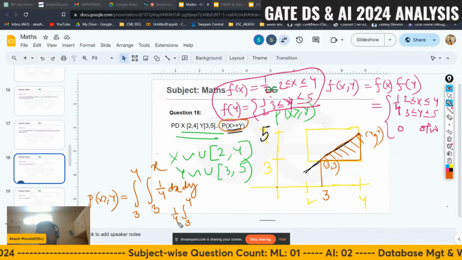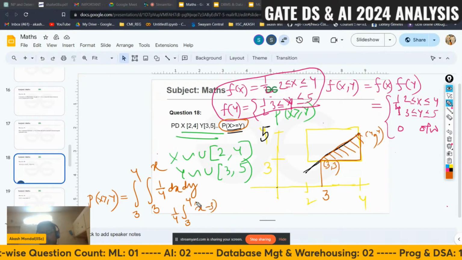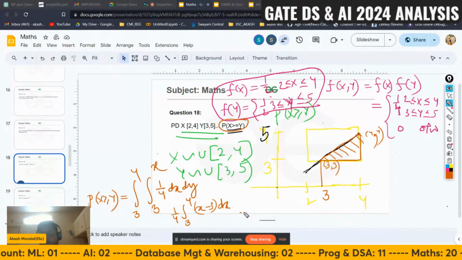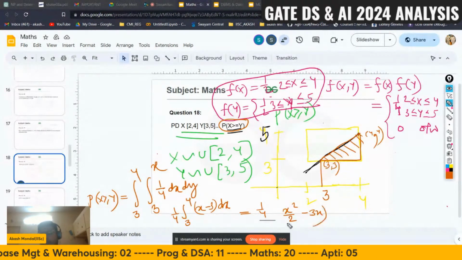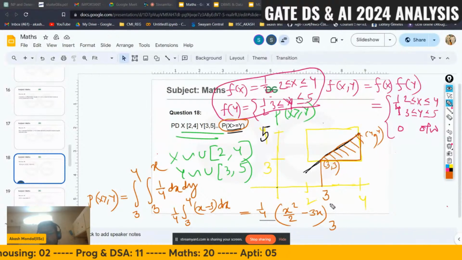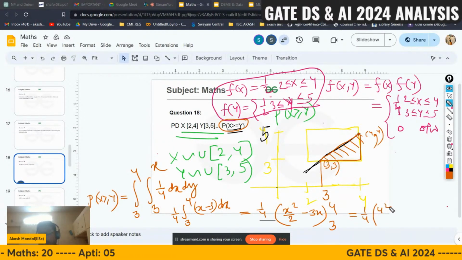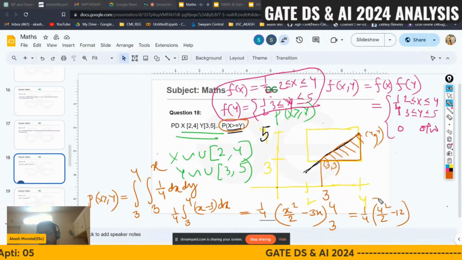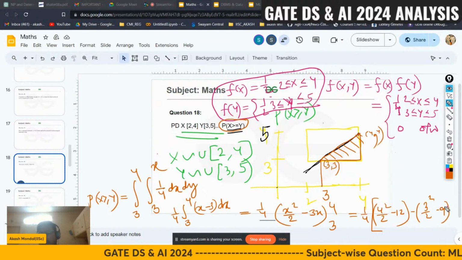So 1 by 4 you can take out, and this is going to be the integral of x minus 3 dx. This is 1 upon 4 times x squared by 2 minus 3x from 3 to 4. So this is 1 upon 4 times 4 squared by 2 minus 12, minus 3 squared by 2 minus 9.